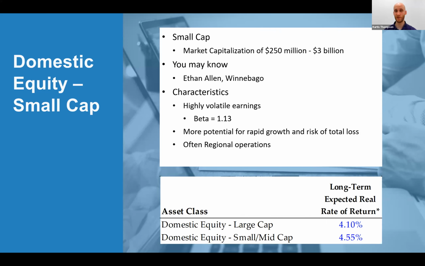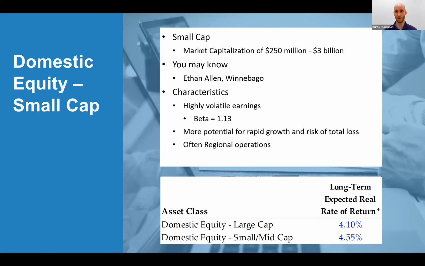There's also more potential in these companies to see a total loss. There's potential that this company has a bad run, or has debt that doesn't work out for them, or a product flops, and the company goes under. There's more risk of that here. Often these are going to tend to be more regional type companies, and so they might not be nationwide.